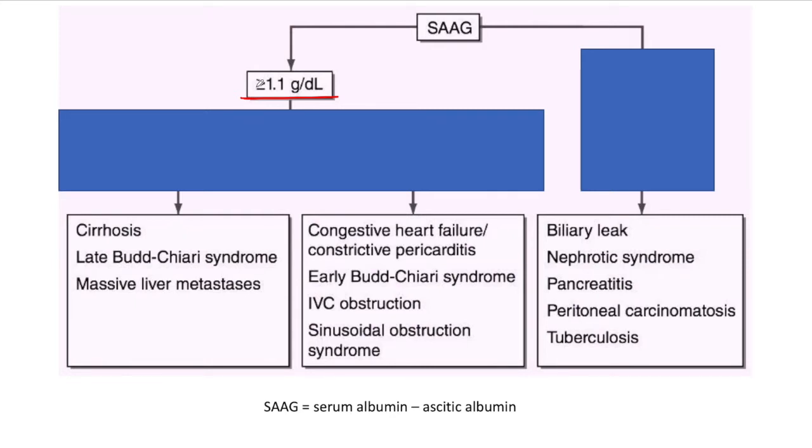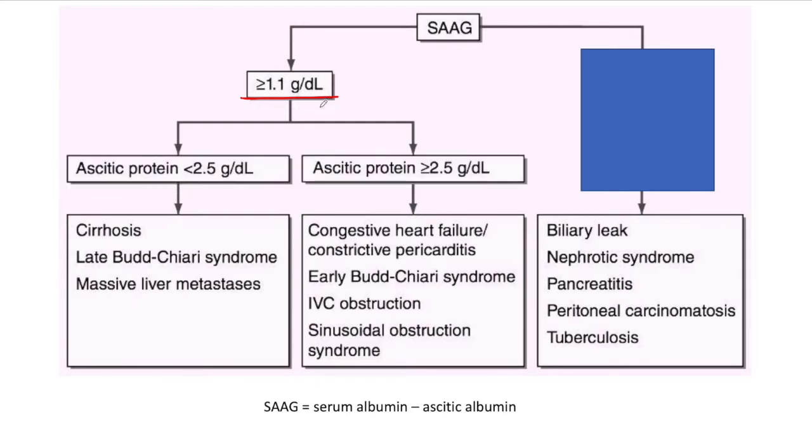You have a fluid that doesn't have much protein in it. Okay? Because when we compare it to the albumin of the serum, it's much, much lower, which is how we get such a large number here. Does that make sense? Yeah? Okay, great.